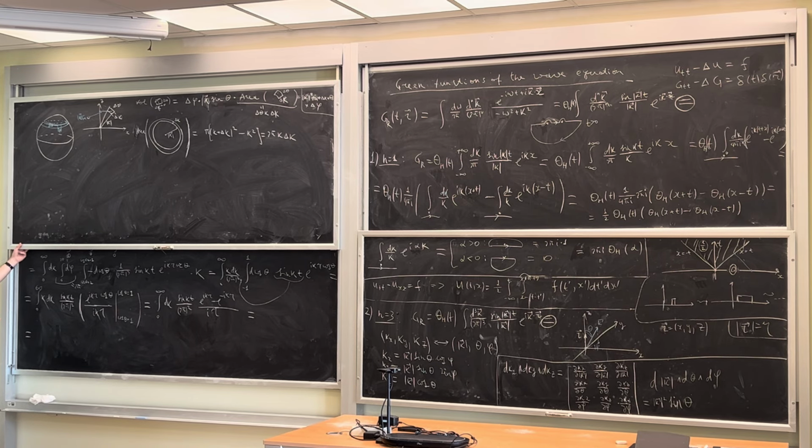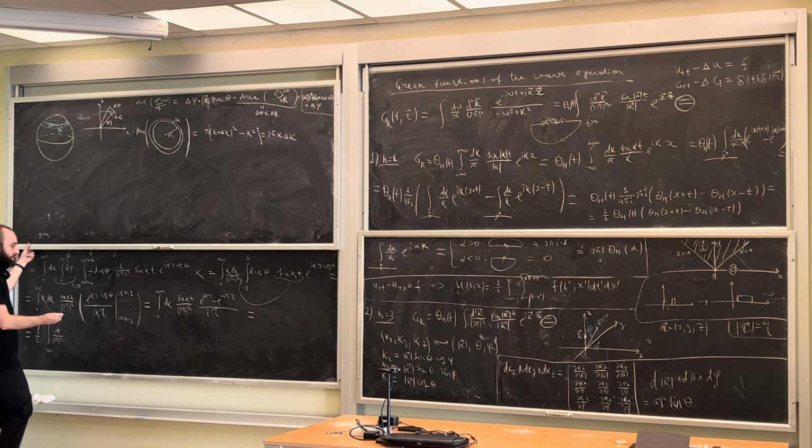So I can write it as 1/2 times the integral from minus to plus infinity dk over 2 pi squared.